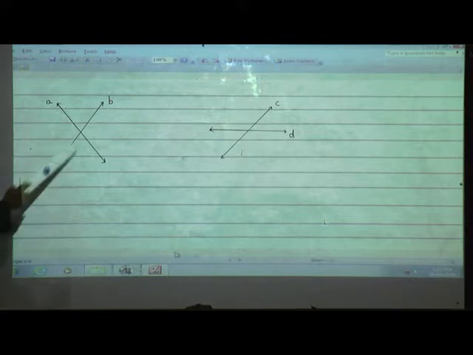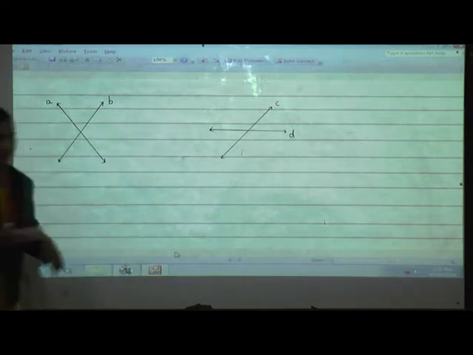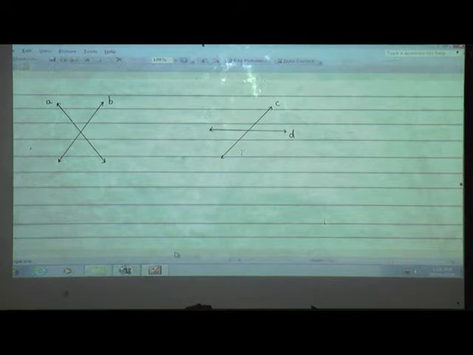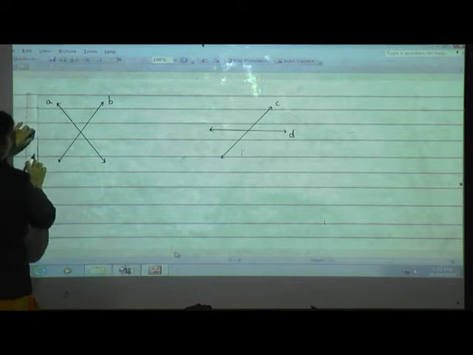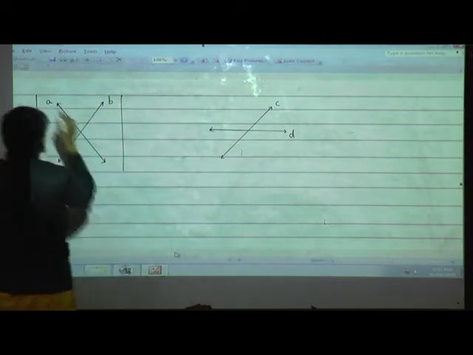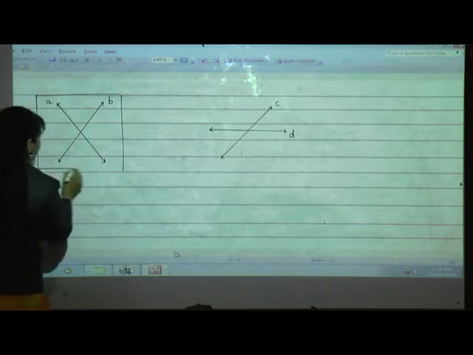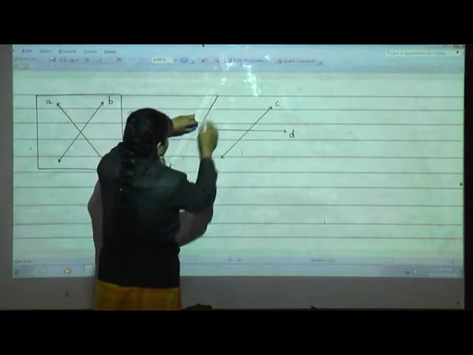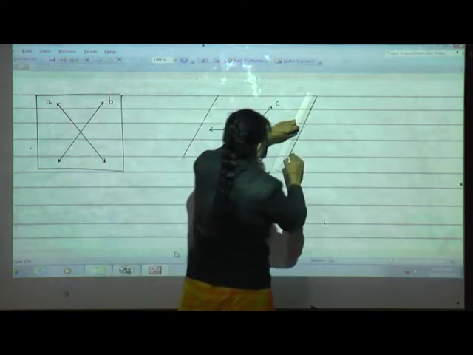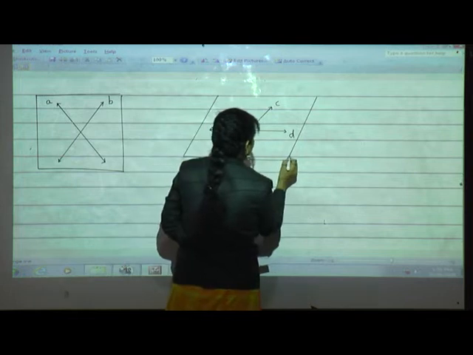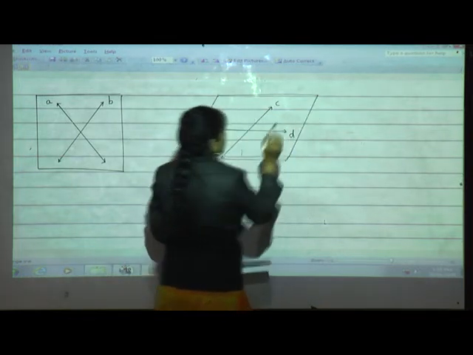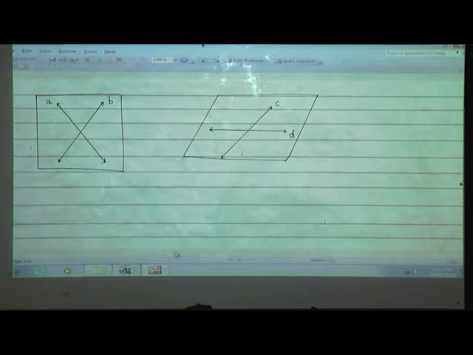See, these are two different figures, but no matter how they meet, they are in one plane. This figure is in one plane. Again this one is also in one plane. So our second property of intersecting lines is that no matter how they meet, they are in one plane. That means intersecting lines are always in one plane.